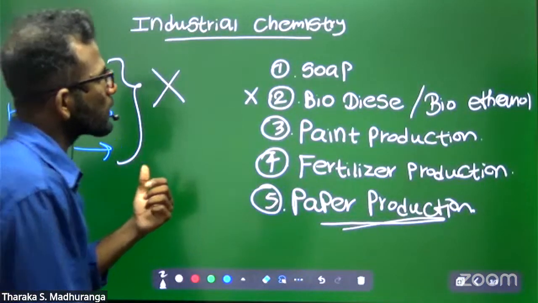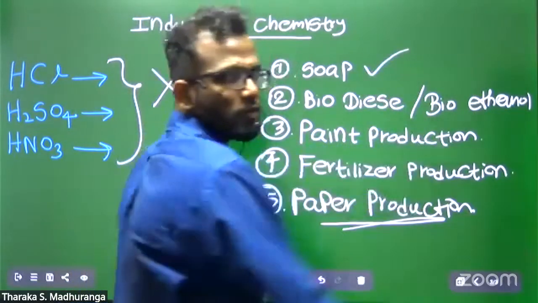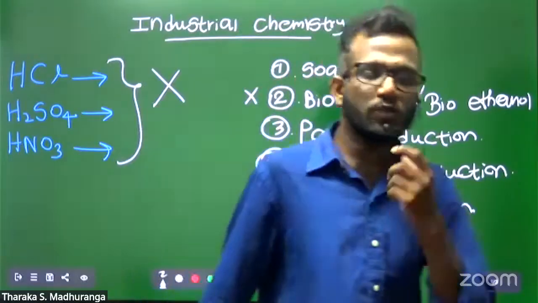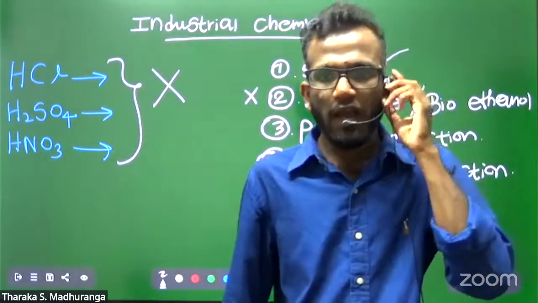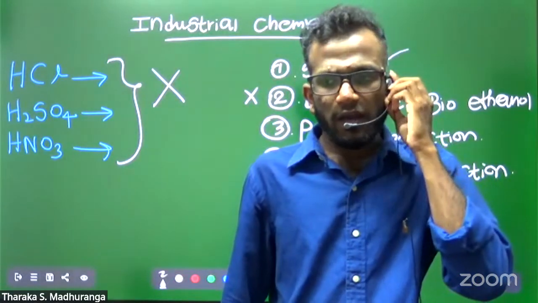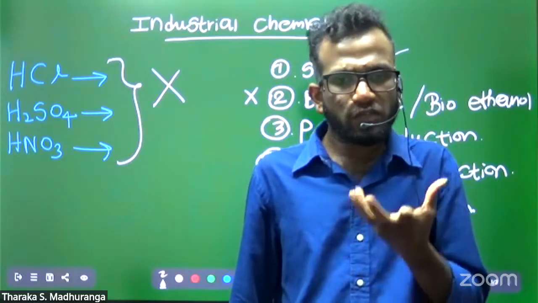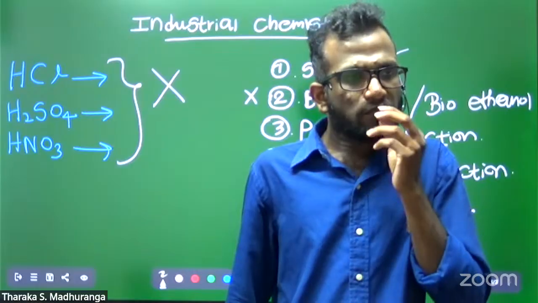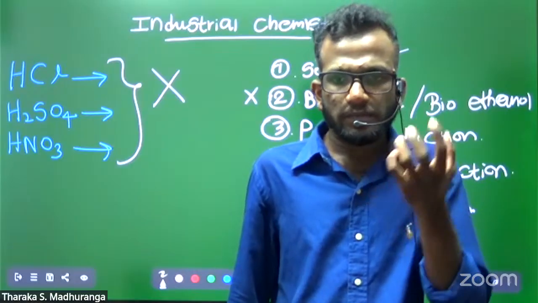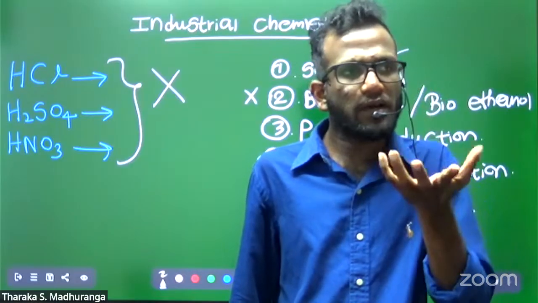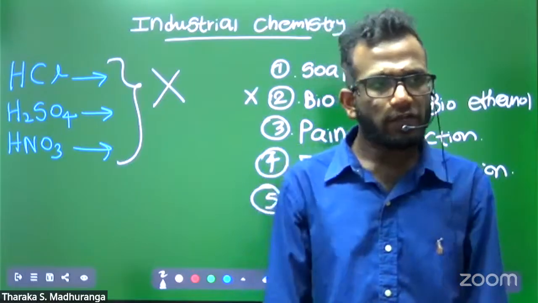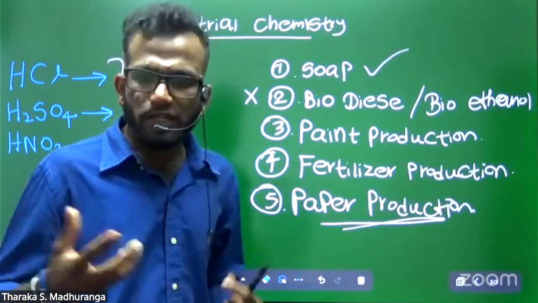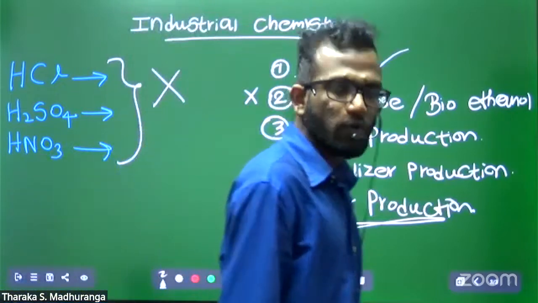If you want, you can produce soap in your home also. If you go to any hardware shop, you can buy caustic soda. Caustic soda is not expensive. It is very cheap, 100 to 150 rupees. You can get 500 grams of caustic soda, the sodium hydroxide.